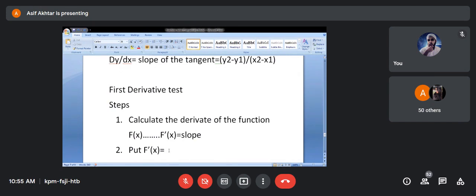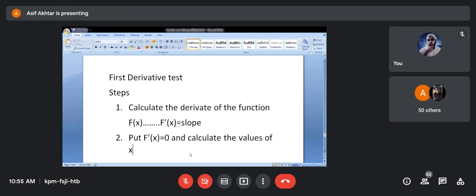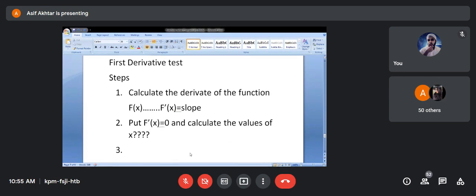So definitely, when it is 0, we put f dash x equal to 0. First step, take the derivative. Second step, put f dash equal to 0 and calculate the values of x.